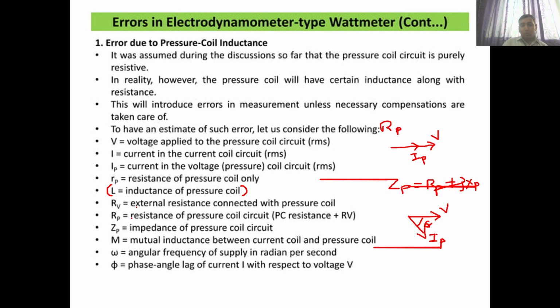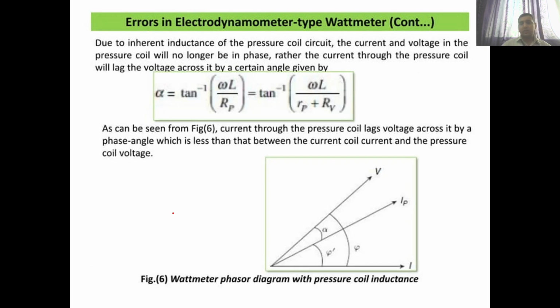The overall resistance Rp is the combination of the coil resistance, small rp, and Rb, and the overall impedance is the addition of this resistance and the inductance L. There will also be mutual inductance between the current coil and the pressure coil, and omega is the angular frequency.